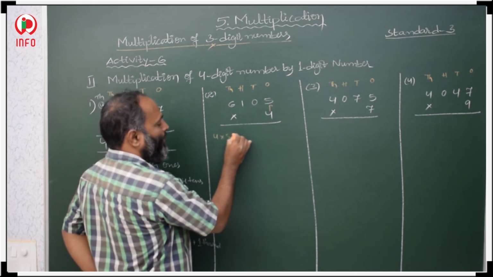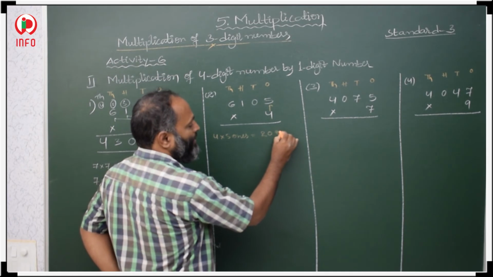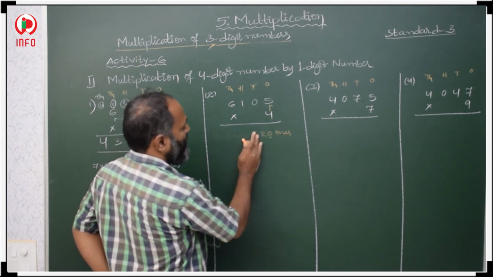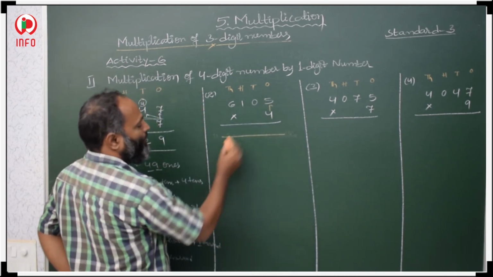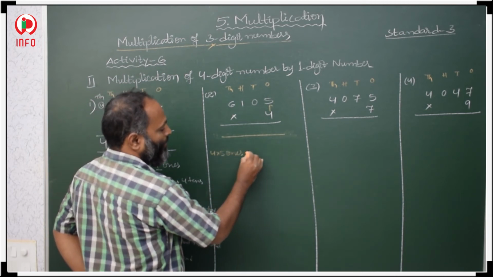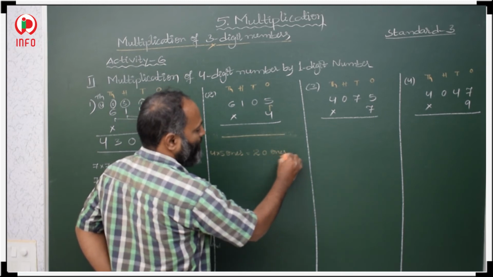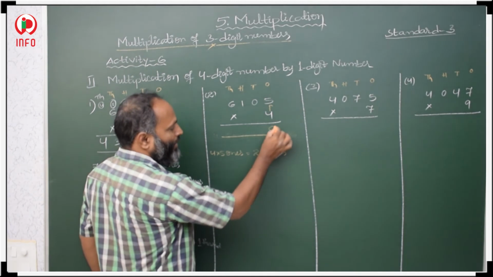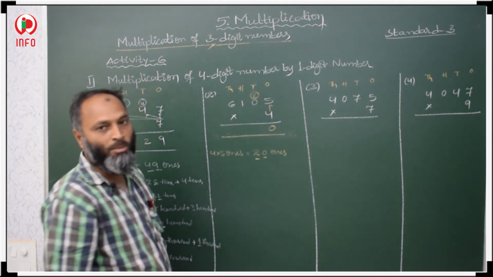43,029 is our answer. Now here also first we have to multiply with ones. 4 into 5 ones, 4 fives are 20 ones. Just wait, leave some space because we have to write our answer here. 20 ones means 0 in ones place, 2 carry over on tens place.